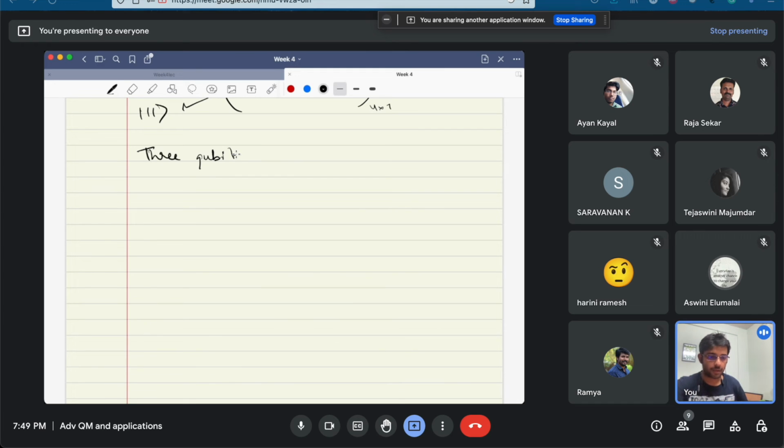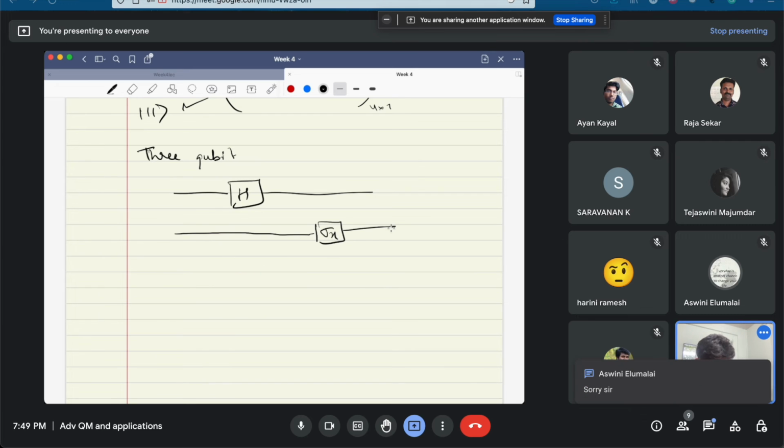Okay, maybe that's a mistake. Okay, so let's do it for a 3 qubit, and we have a circuit of this form. Let me just make the circuit. Yeah, it's fine.